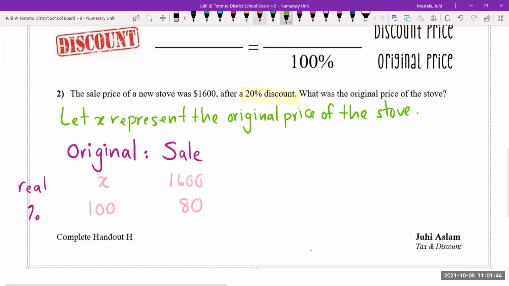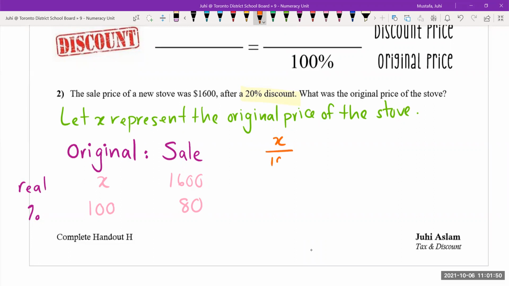Can someone tell me what my proportion would be? Jivan? Yep.